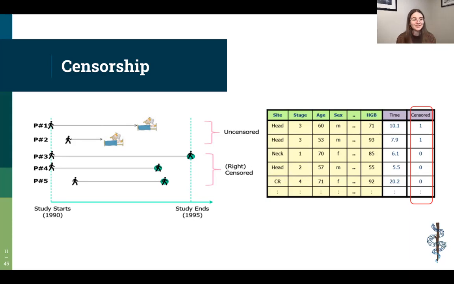Unfortunately, patients 3, 4, and 5 are what we call censored patients, because either they dropped out of the study entirely, as is the case with patients 4 and 5, or the study ended before we could even figure out what their survival time was. So the last we heard from them, they are still alive.